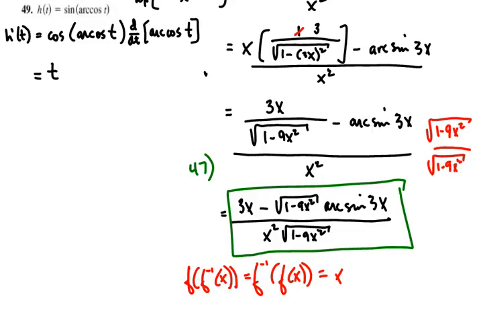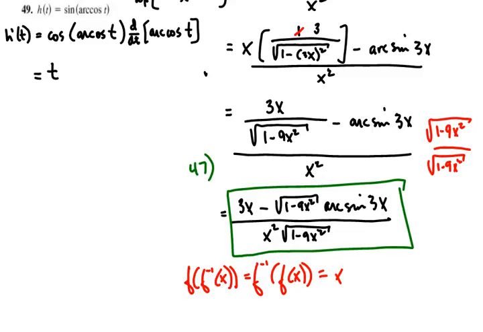The original function, then I'm taking the inverse of that, is going to lead me back at x, or the inverse of the original undoes everything and leaves me with x. So our cosine of the arc cosine of t, that is an angle, and it's the angle whose cosine is t. When I take the cosine of the angle whose cosine is t, I get t.